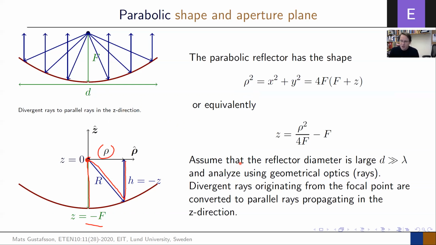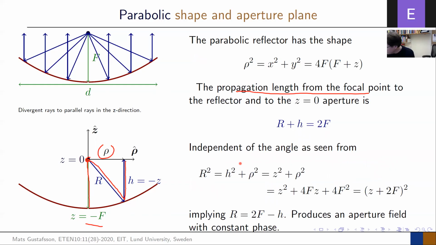I can then show that this is independent of the position where this one sits. So I take my equations for the parabolic reflector and simplify, saying what the Z coordinate is as a function of rho. I use geometrical optics to analyze it. If you think about what the distance should be, you can start down there: the distance is F, and then you go up again.